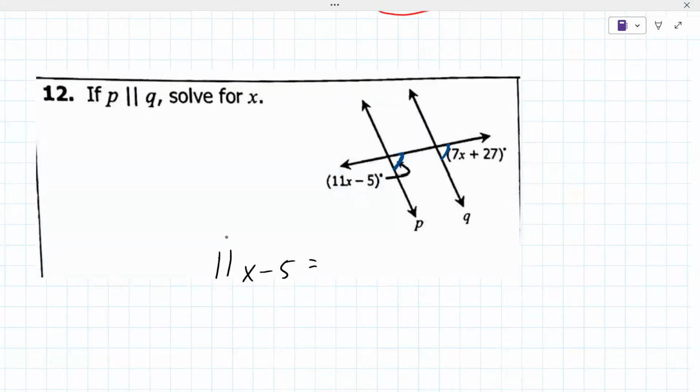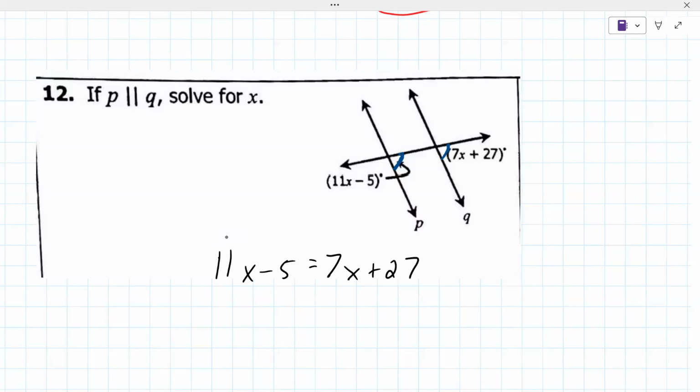11x minus 5 equals 7x plus 27. Plus 5, plus 27 is 32. 18x equals 22.